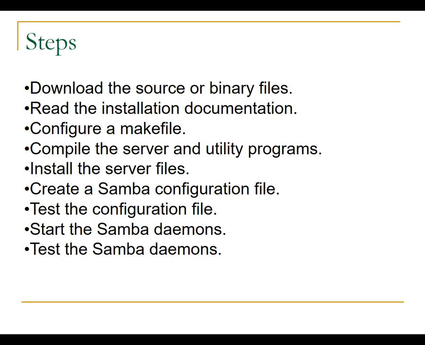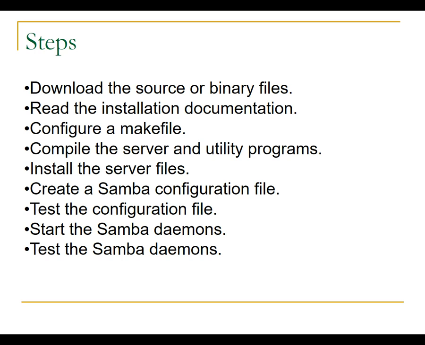The steps of installing the Samba server into the desired system are very simple. First, go into the official site of Ubuntu, browse to the web server portion, and download the source or binary file. Second, read the installation manual carefully, which indicates where to make the necessary changes.